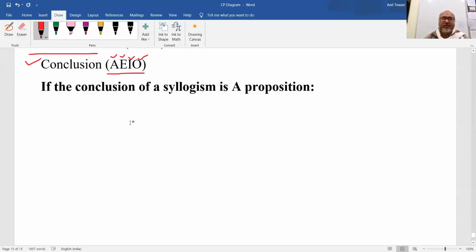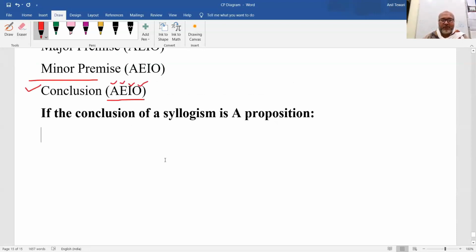If the conclusion of a syllogism is A proposition. Now, you know the 5 rules. Rule number 1 is not relevant in our case. 5 rules are relevant. Rule number 2 says that middle term must be distributed once. Rule number 3 says that if any term is distributed in the conclusion, it must be distributed in the premises.